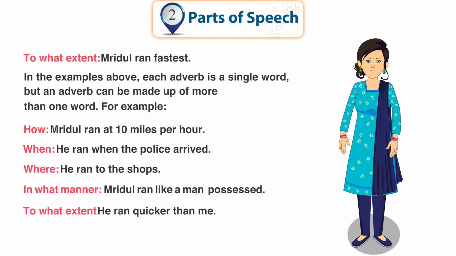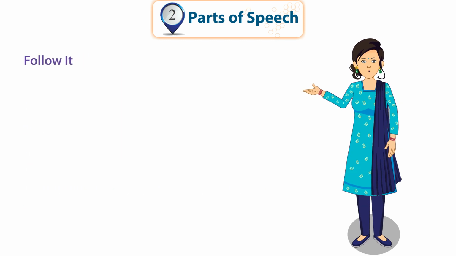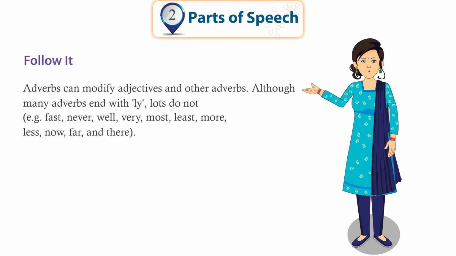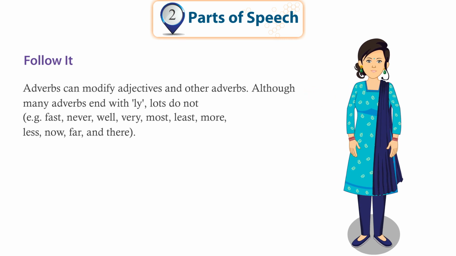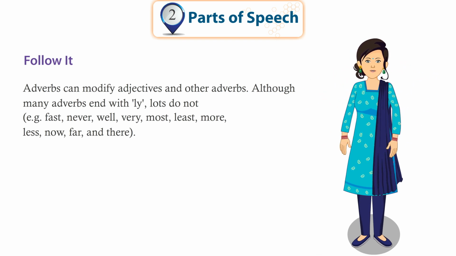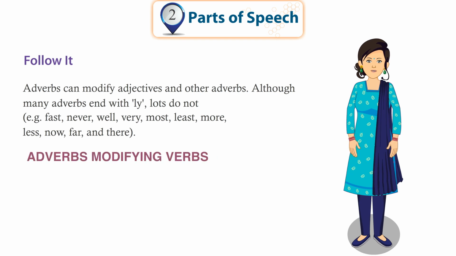To what extent: he ran quicker than me. Adverbs can modify adjectives and other adverbs. Although many adverbs end with ly, lots do not. For example, fast, never, well, very, most, least, more, less, now, far, and there.